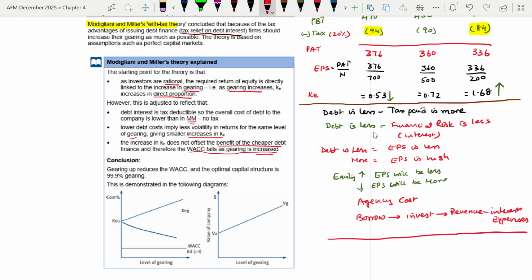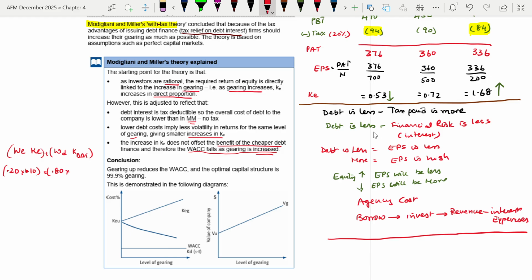See what will happen? We are talking about the weight of equity times cost of equity, plus weight of debt times cost of debt after tax. Now assume, take an example. Weight of equity in the first option, how much is there? 20%. So 0.2 times 0.10, where 0.2 is the weight of equity and cost of equity is 10%, plus weight of debt, which automatically will be 80%.